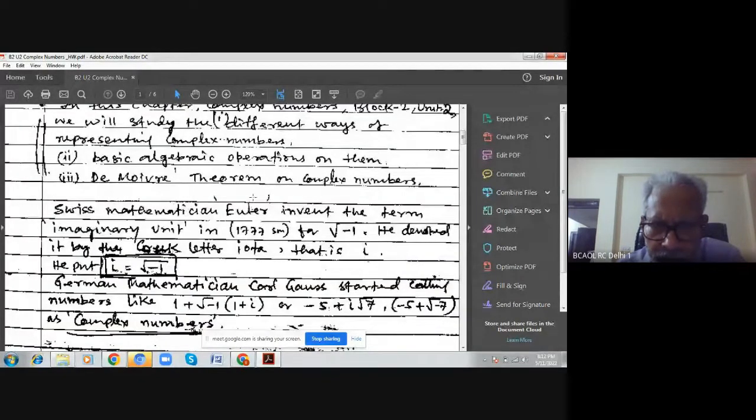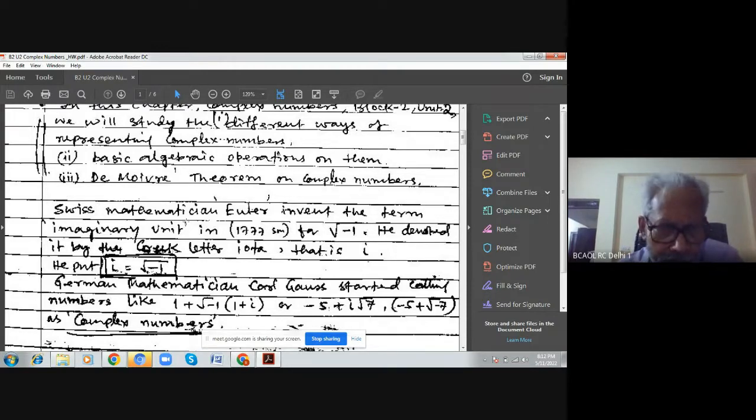The Swiss mathematician Euler, okay, don't go into all these things. I'm simply telling you that root over minus 1 is the imaginary unit. It was derived in 1777, when the mathematician Euler discovered it.